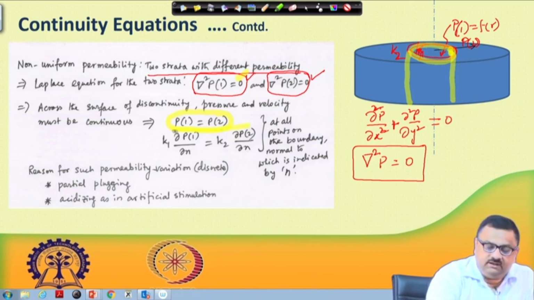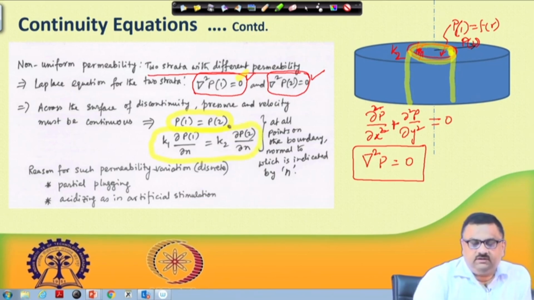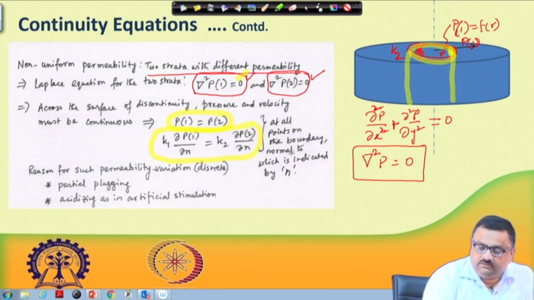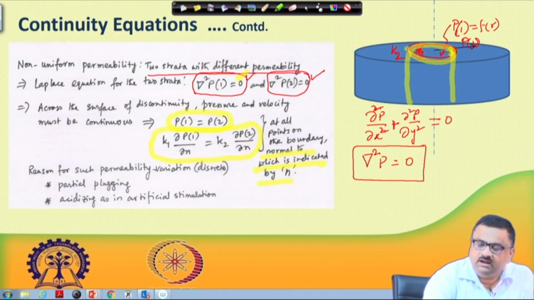So, accordingly, K1 del P1 del N has to be equal to K2 del P2 del N. N is normal to the boundary, which is indicated by N. This equation is satisfied at all points on the boundary. What is the boundary? The boundary where inside the permeability is K1 and outside the permeability is K2.